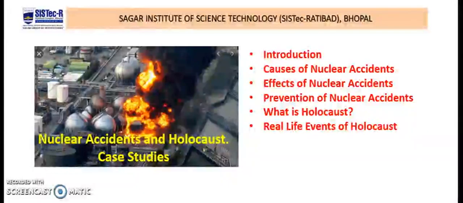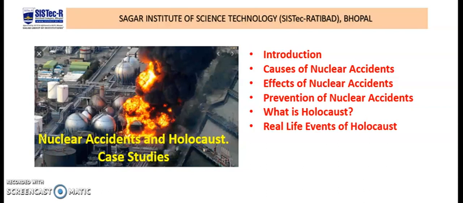Okay, next topic is nuclear accidents and holocaust. A nuclear accident is an unpredictable, unusual and unwanted event involving radiation or radioactive materials, which results in occupational or public exposures and contamination of structures, properties or persons.